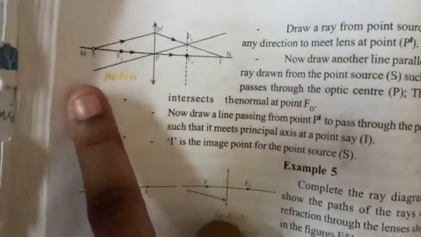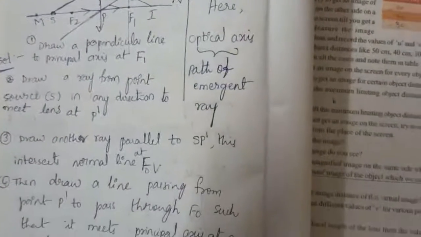I have explained these in previous classes. Here we need to take the object source behind the focal point F2. Yes, the point object we are going to take behind F2, like this.